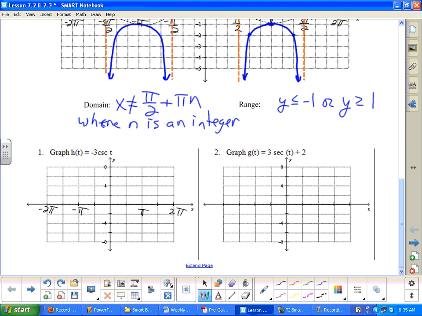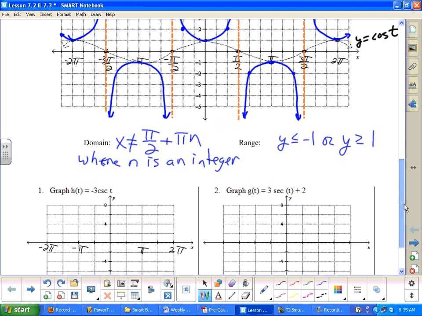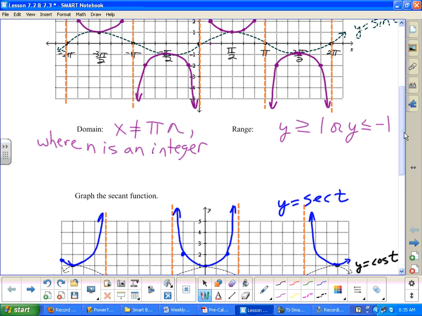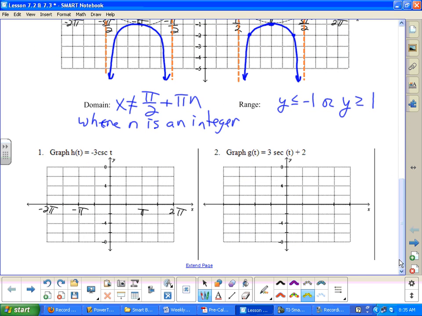Now, cosecant has asymptotes at all of the pi's. Our domain for cosecant is where x is not equal to pi over n. So we're going to put those asymptotes on here first, at all of our pi's.